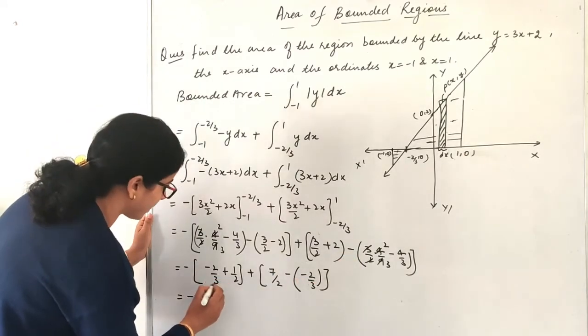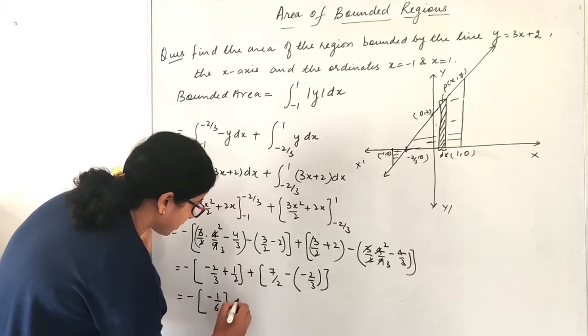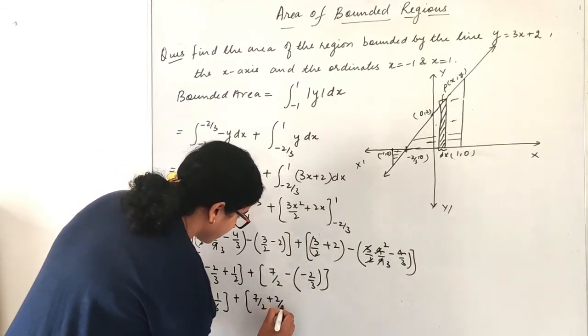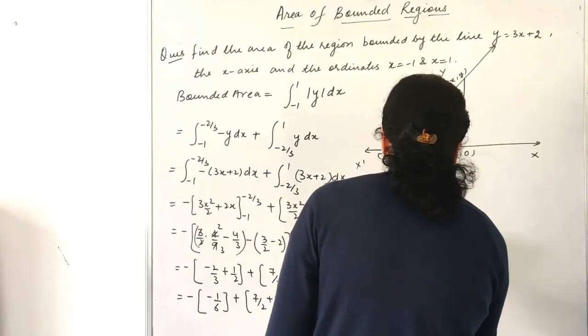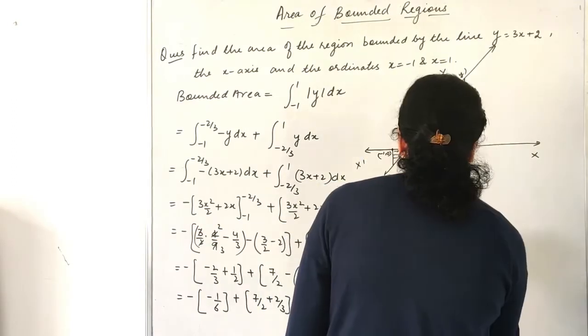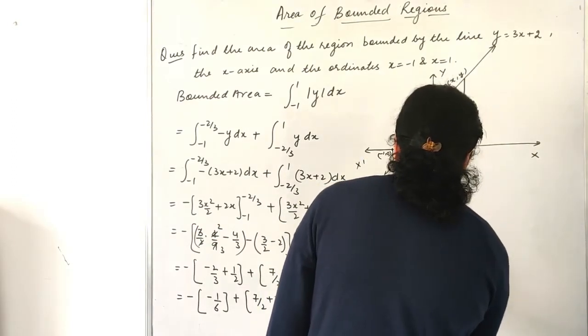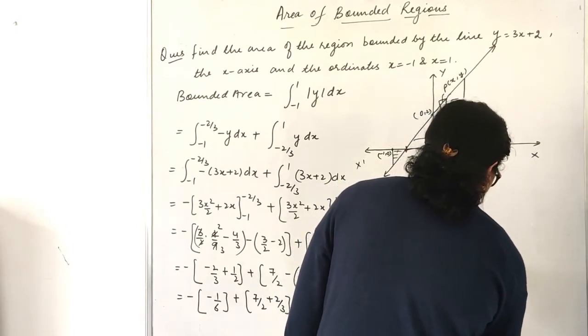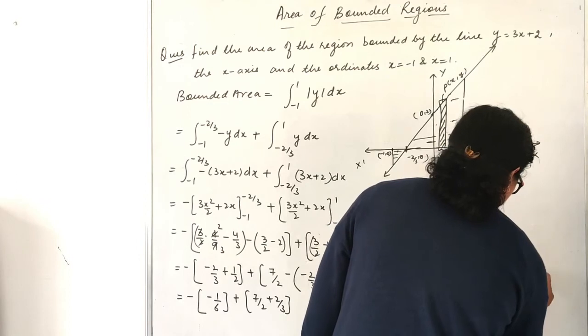Now what I am getting here, -1/6 plus 7/2 plus 2/3. So plus 1/6 plus 25/6, which is nothing but equal to 26/6, means 13/3 square units.